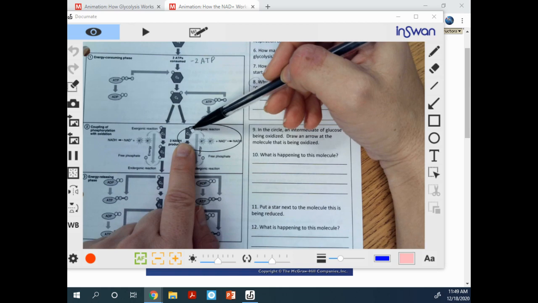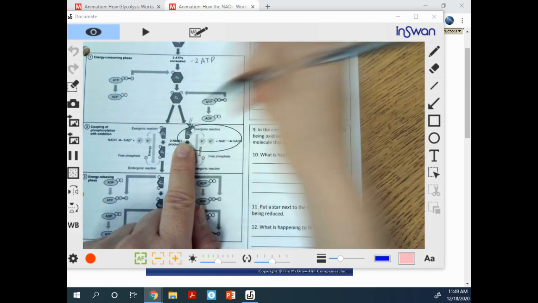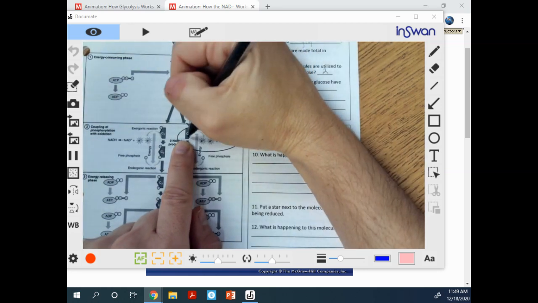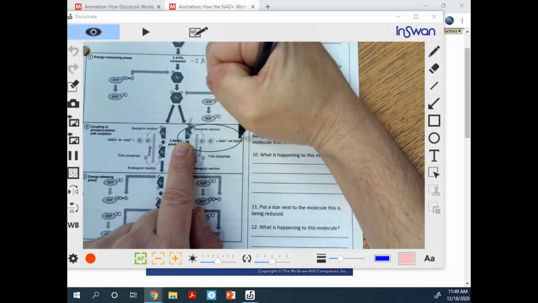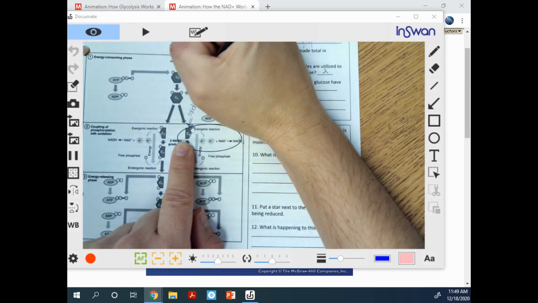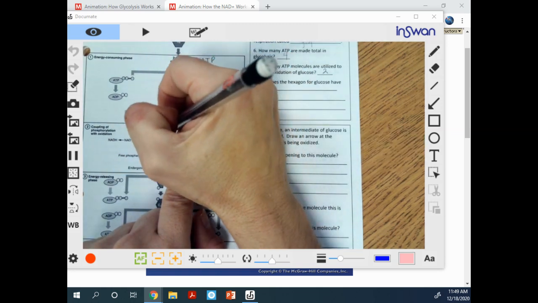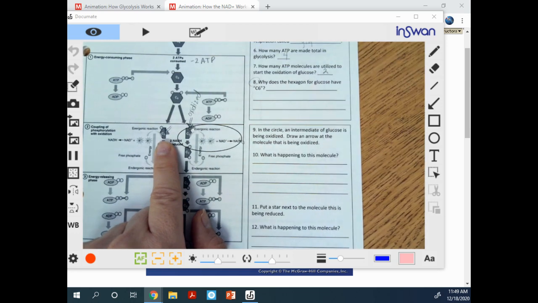It's got those little circles. Okay, so this molecule is the one that is losing the proton. Here's the proton and the electrons. So this molecule is being oxidized. Okay, and so is this one. I mean, this one too, because there's 2 of them, remember. They're getting oxidized.